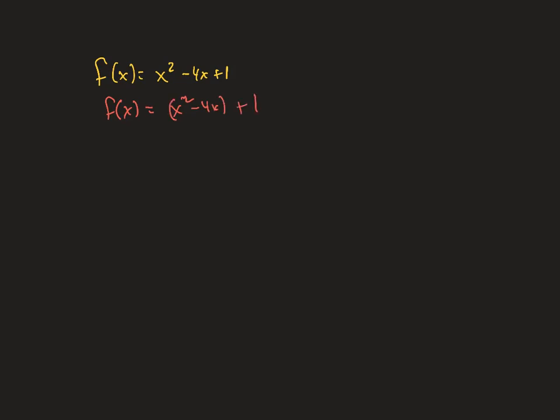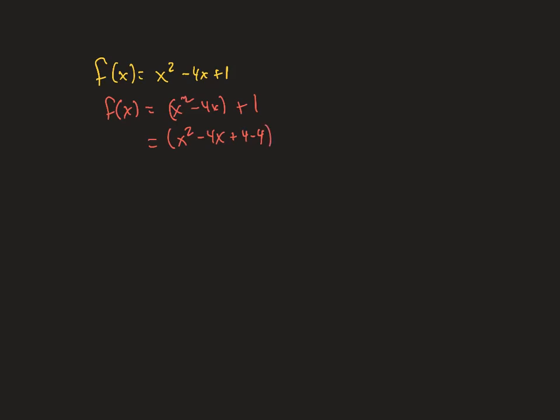I have the 1. Now, I don't have to factor out anything here because there's nothing beside my x squared, just like how I like it. So your next step for completing the square, divide by 2 and square it. So 4 divided by 2 is 2, 2 squared is 4. So add 4, subtract 4.